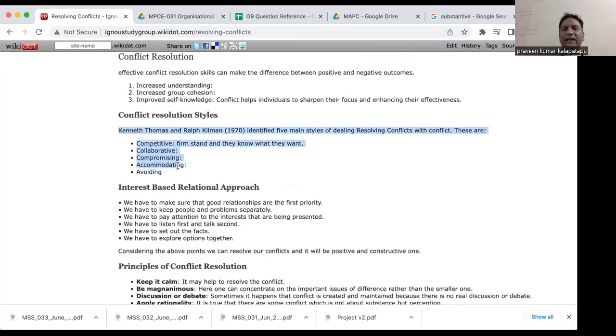This is something we already covered in our practical, where we went through the conflict management scale and measured our dominant conflict resolution style and our weak style. There is a scoring that we have done, and we identified which style we have a strong hold on and which style we are weak in. There are 5 styles, and during that time we would have learned them to some extent.